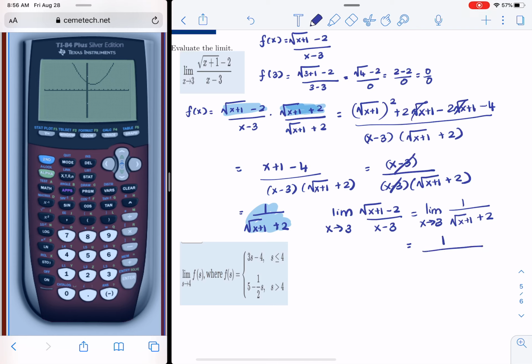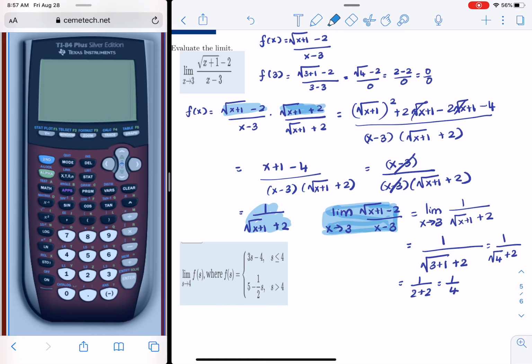So we have 1 over square root of 3 plus 1 plus 2. So 1 over square root of 4 plus 2. We have 1 over 2 plus 2. So the answer is 1 over 4. So the limit of the original function is 1 over 4.